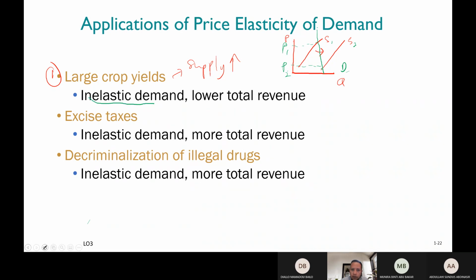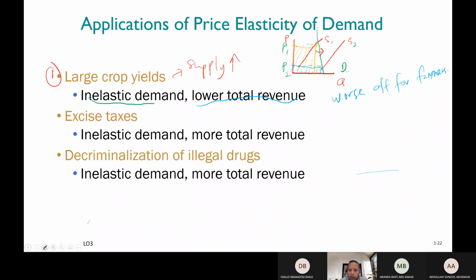The demand here is inelastic, right? So if you look at the total revenue test, you calculate the revenue here, this part, as compared to the blue part here. You can see the result in the second situation, the total revenue decreases. This would make things worse off for farmers if there is too much supply.